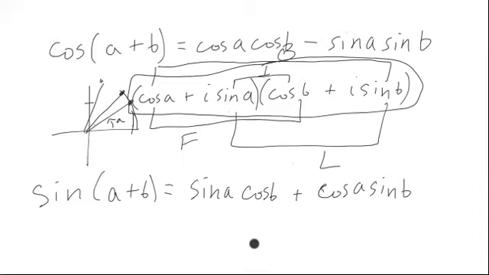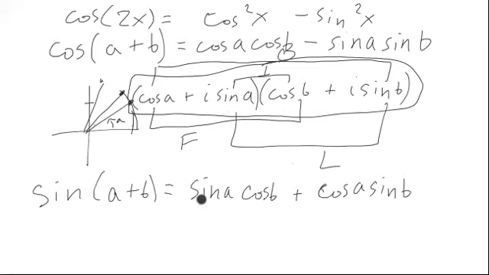Now, where we are going to be using these most of the time is when A and B are the exact same. So perhaps they're both x, so that's x plus x, or just 2x. Cosine of 2x is going to be cosine x times cosine x, which is cosine squared x, minus sine squared x.